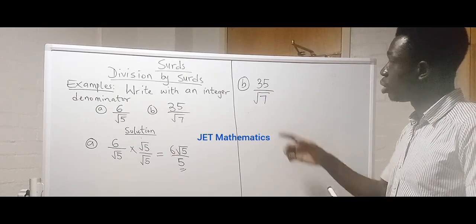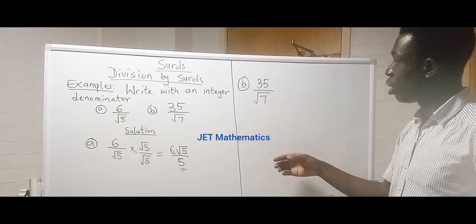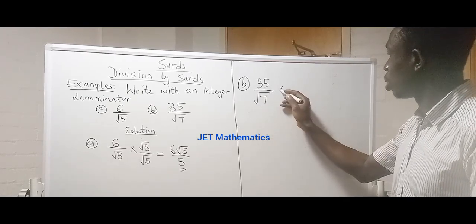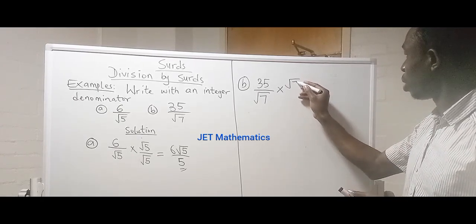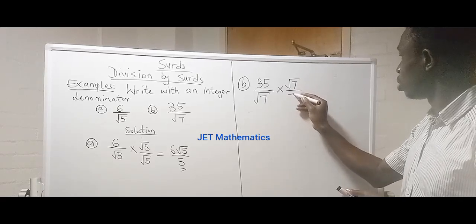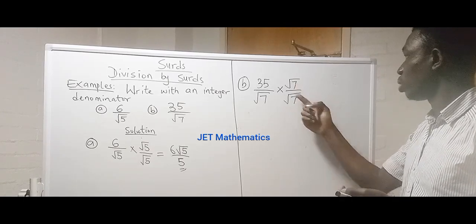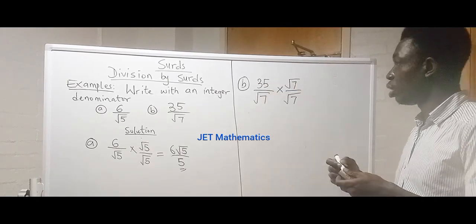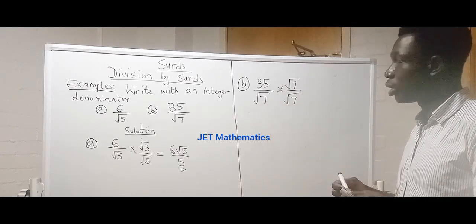All you need to do is to multiply both the numerator and the denominator by root 7. By so doing, we are not causing harm to the problem. Root 7 over root 7 is 1, and 1 times this still gives us this. But the idea is just to make the denominator a rational number.